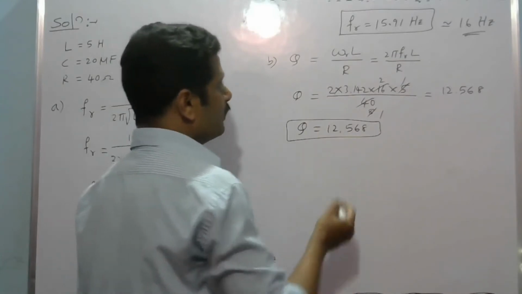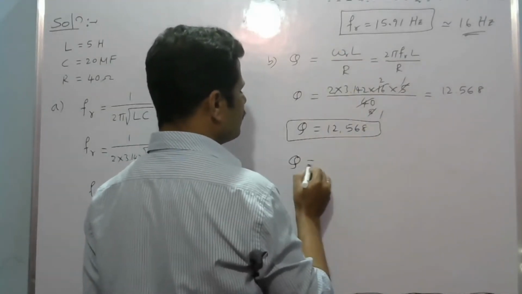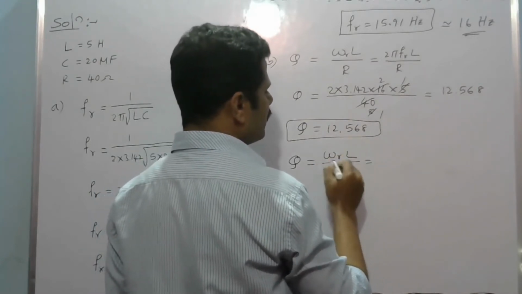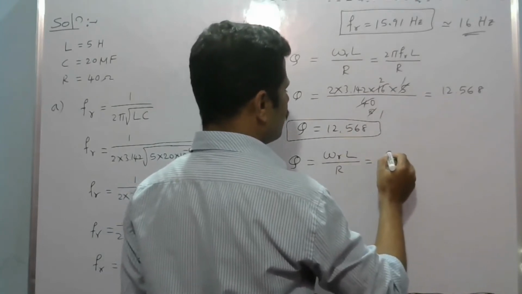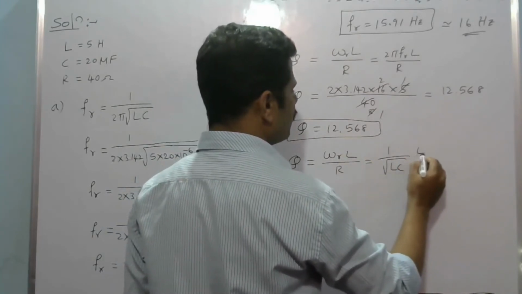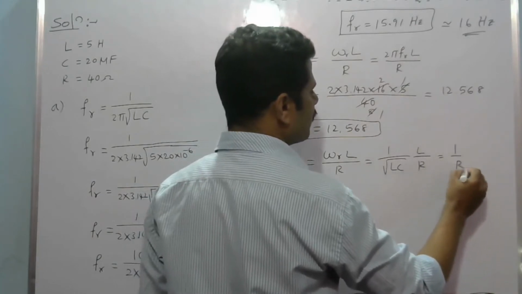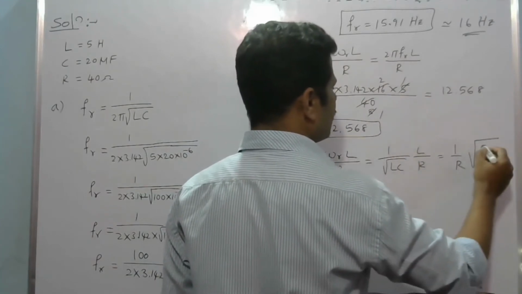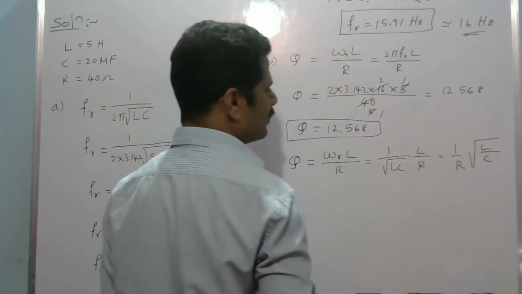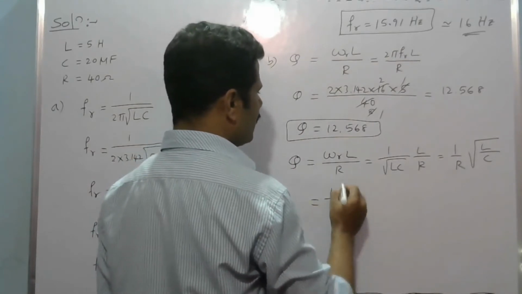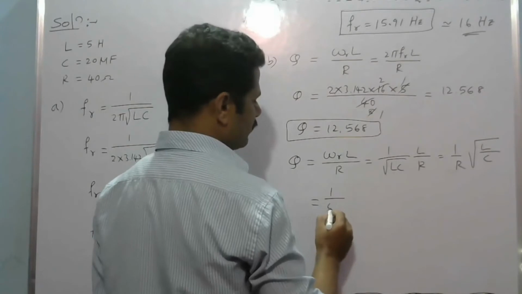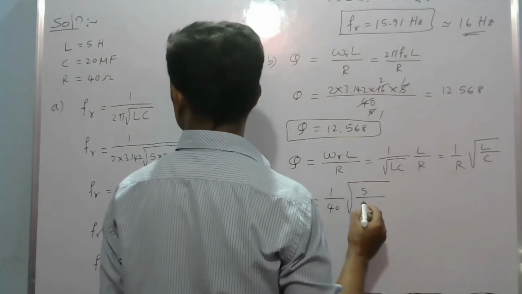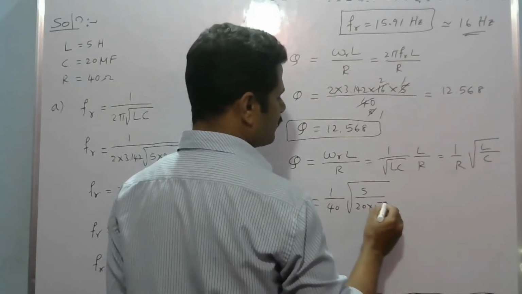You can also find it in another way. The quality factor can be written as omega R L divided by R, and omega R is nothing but 1 divided by square root of LC. So this can be written as 1 by R times the square root of L by C. On substituting the values, that is 1 divided by R, where R equals 40, square root of L equals 5 Henry divided by C equals 20 into 10 raised to minus 6.